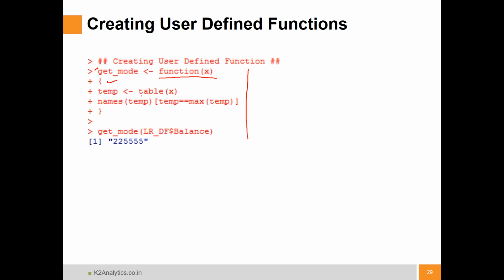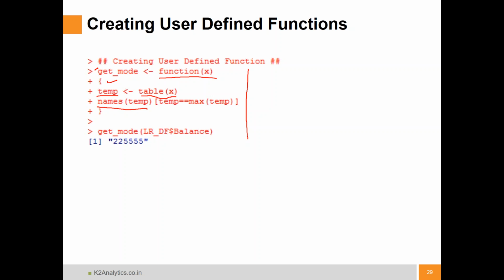Here, table gives you a frequency distribution, and that frequency distribution I am storing in temp. When you get a frequency distribution, the categories, for example, when we did occupation, salaried, self-employed, professional, all those categories become the names, the keys, and the corresponding frequency becomes the value. When you do names, it will give the names of the categories.